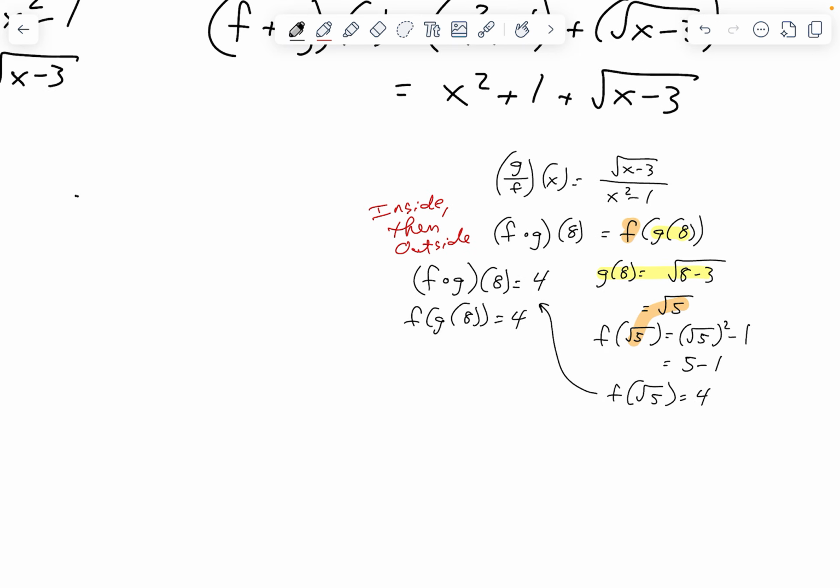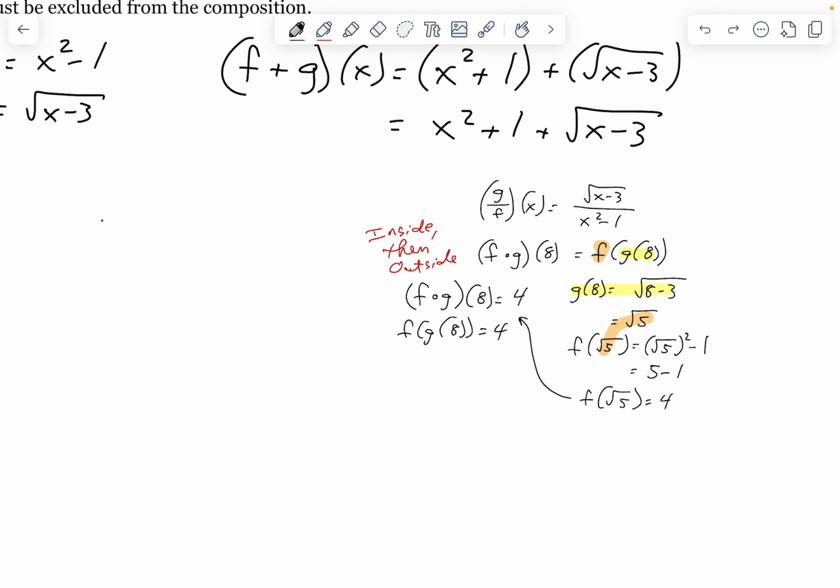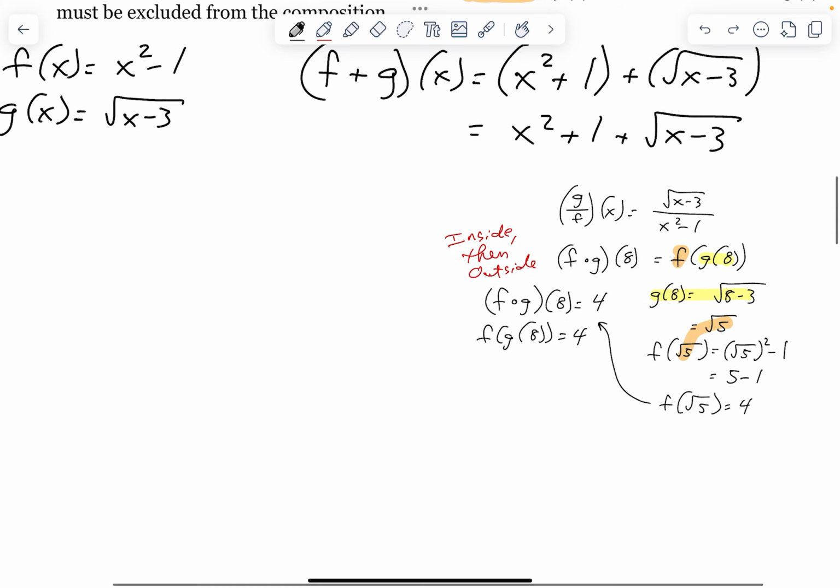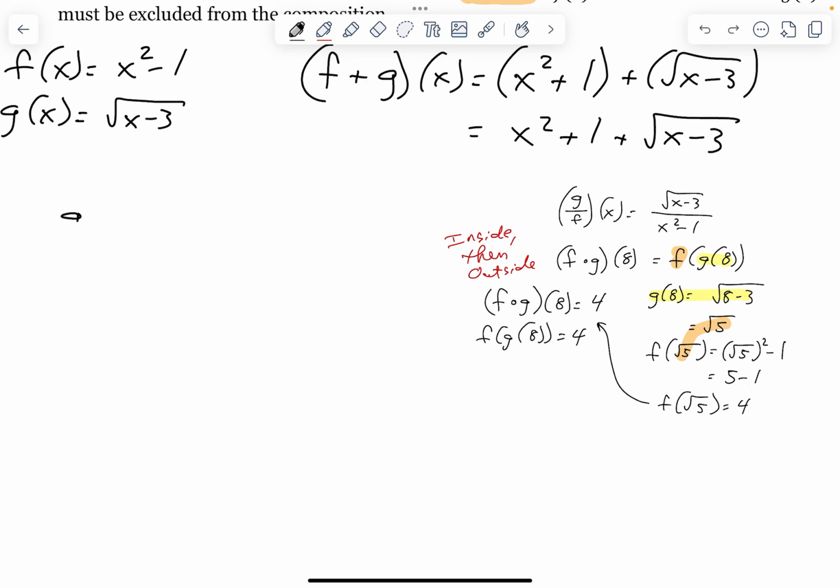If I were to do, let's see, f of g, sorry, vice versa, g of f of x. That's g of f of x.